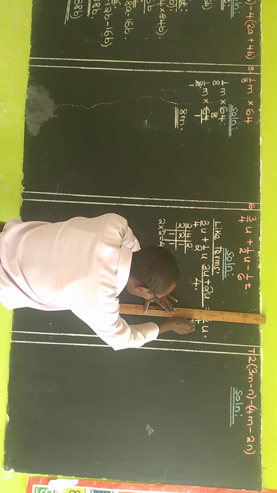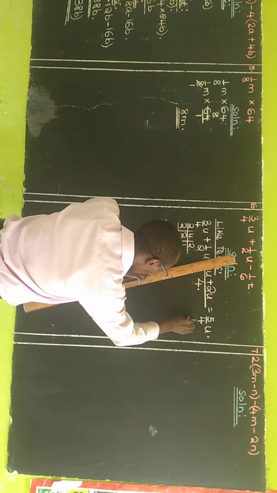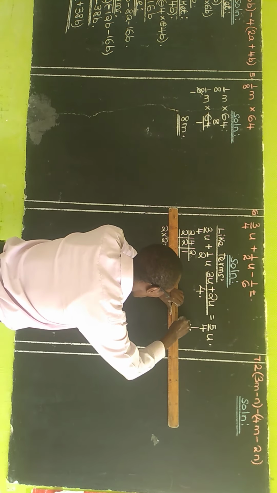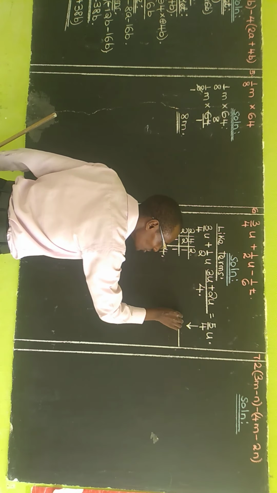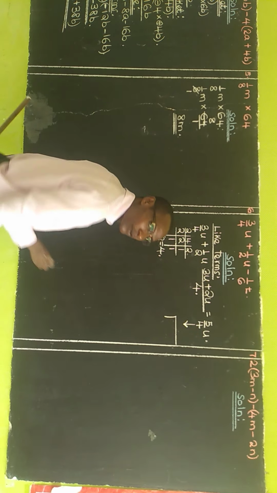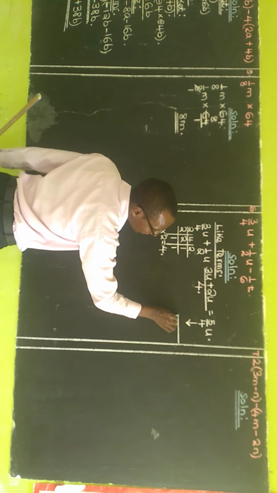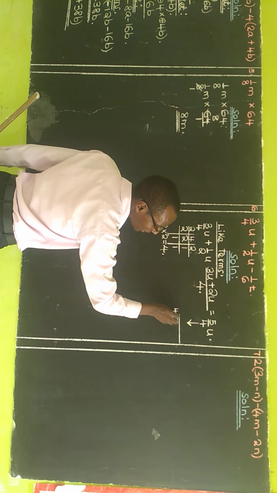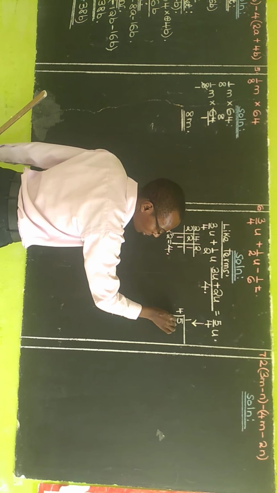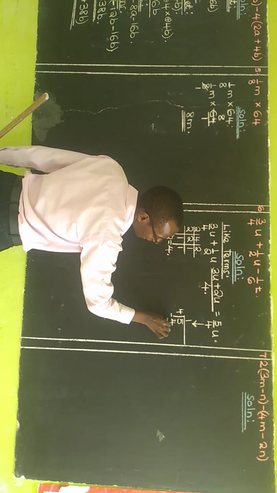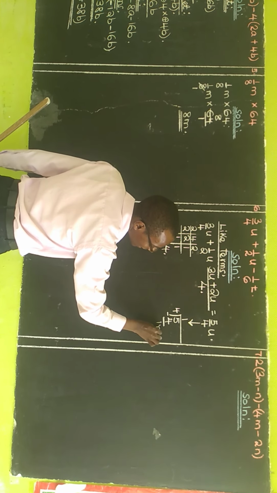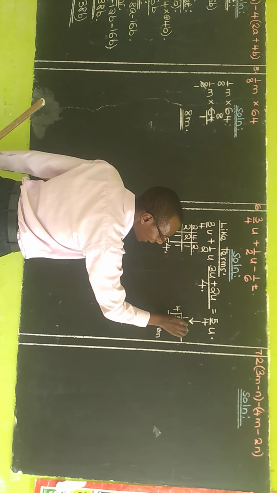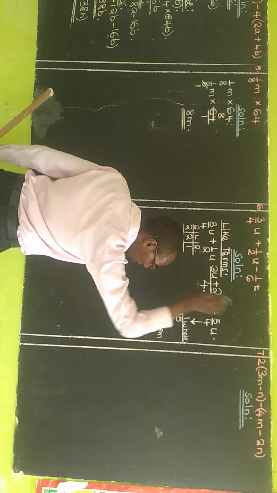So I will have to change this improper fraction into a mixed fraction. When I want to change the improper fraction to a mixed fraction, I pick the numerator, which is now 5, and divide by the denominator. 5 divided by 4 goes 1 time. When you subtract that, you get 1 as the remainder. And this one will now be our whole number.